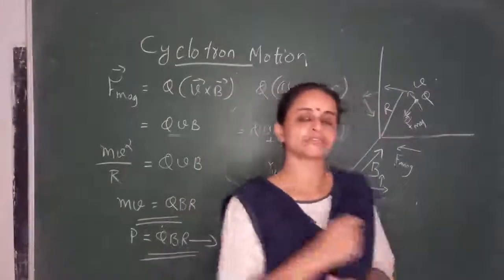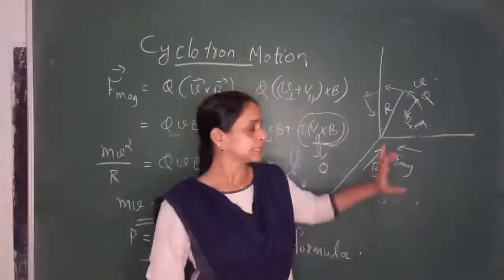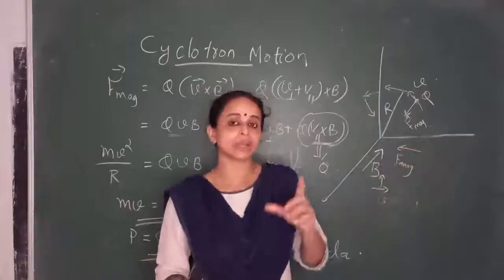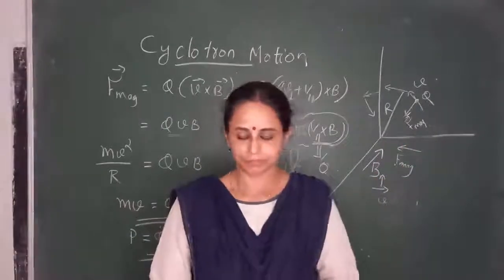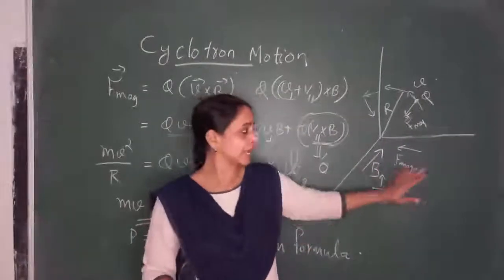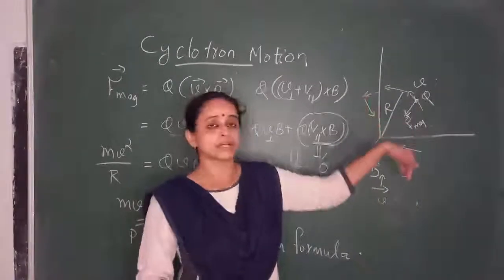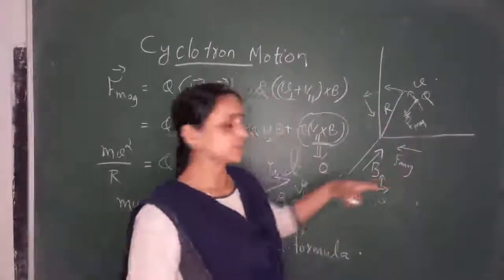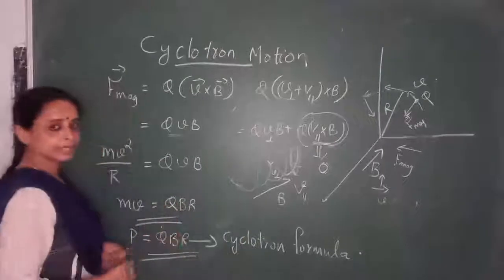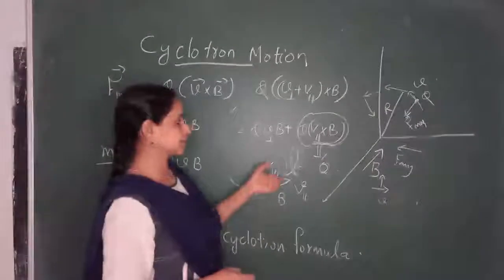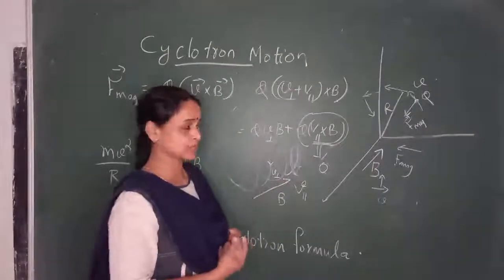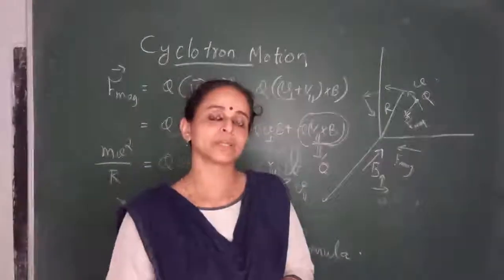So the charge follows a helical path in the case if there is an additional velocity v parallel. That is again a consequence of the cyclotron motion, or we will have a helical motion in the case if there is an additional velocity other than the perpendicular velocity.